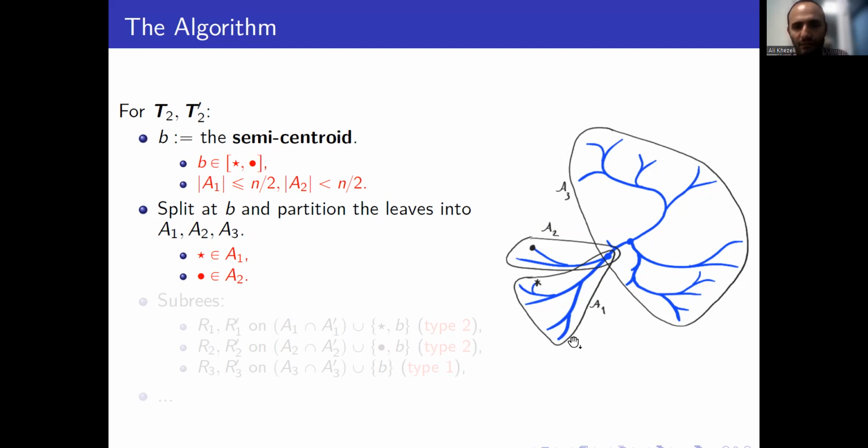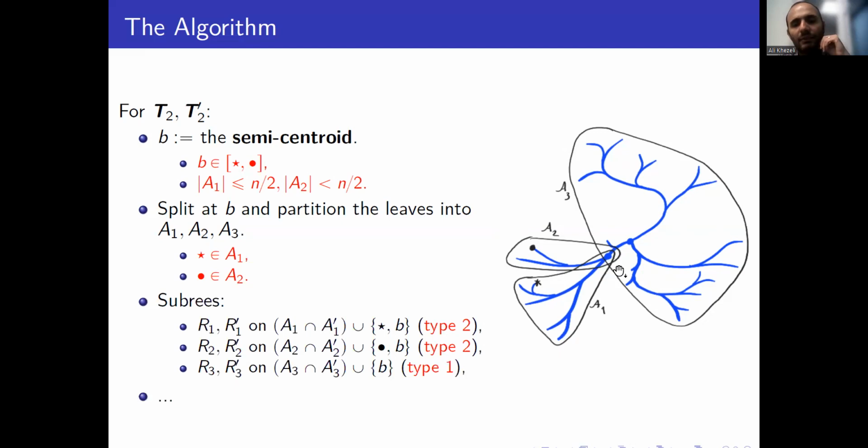First, I should say that we choose the numberings such that A1 is the branch containing a star, A2 is the branch containing bullet, and the third one, we call it A3. So we require that these 2 branches are less than n over 2, but the third branch can be very big or very small. We have no control on it.